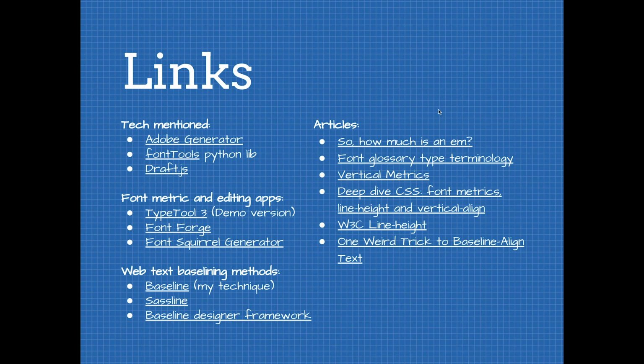Articles, if you've got some time and you want to do a deep dive, the deep dive article is specifically very, very good, and I highly recommend reading through it, and it really helped me understand why my method even worked. And this one, Weird Trick by, I think it's Alan Stearns, helped me come up with this method and fully make it work for a paragraph of text.